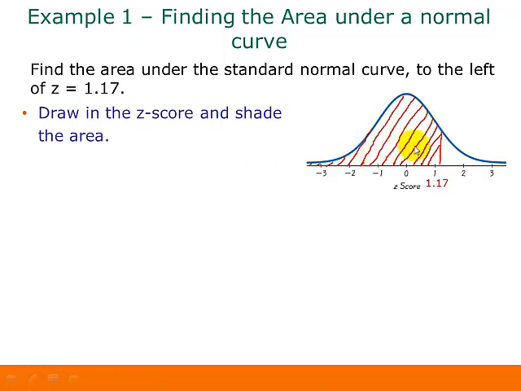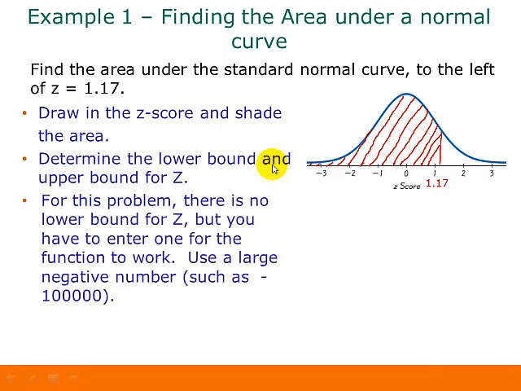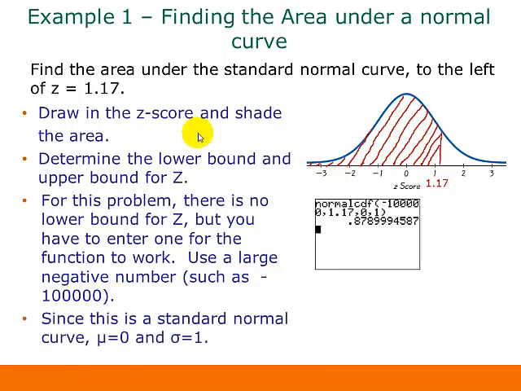So in a case like this, where we're just going from a value all the way to the left, we can't put negative infinity into our calculator, so we'll just put in a very large negative number. Again, since we don't really have a lower bound for z here as a number, we'll put in a very large negative number, such as negative 100,000.